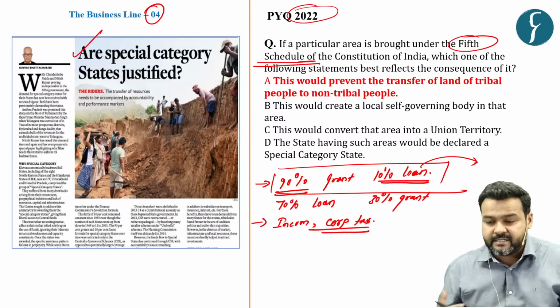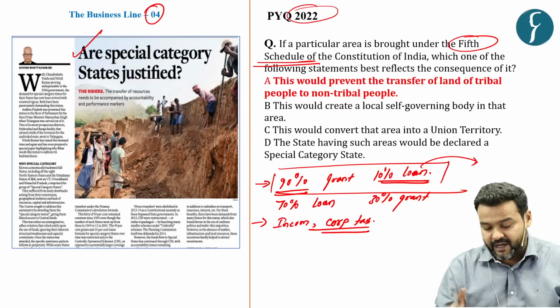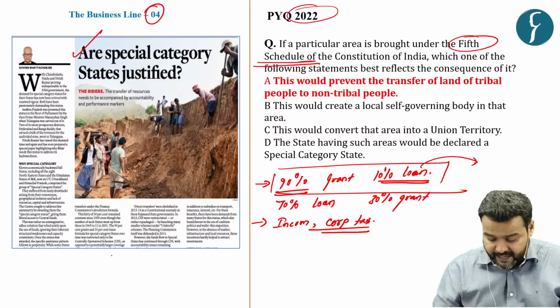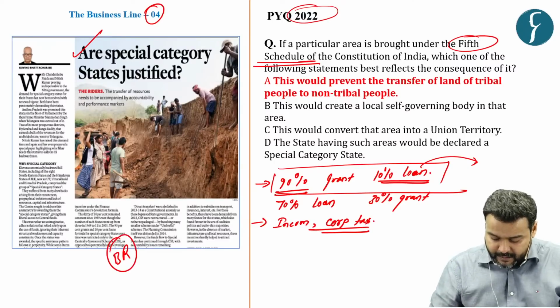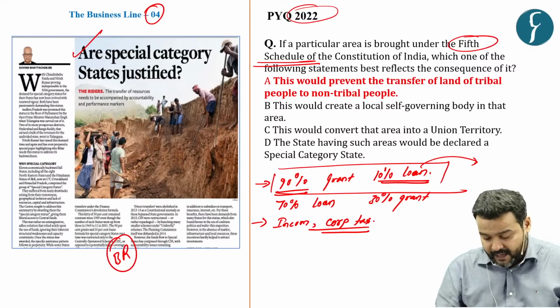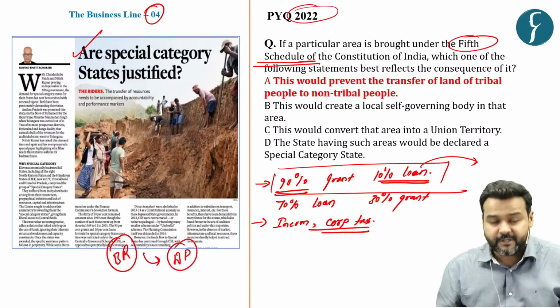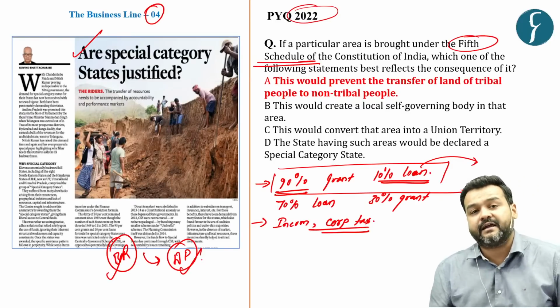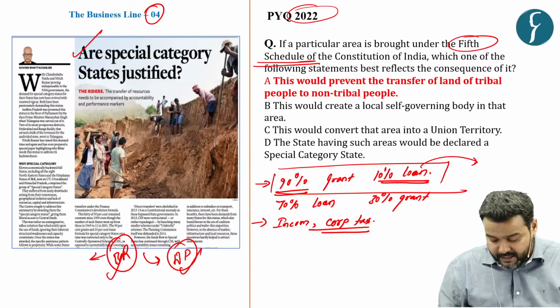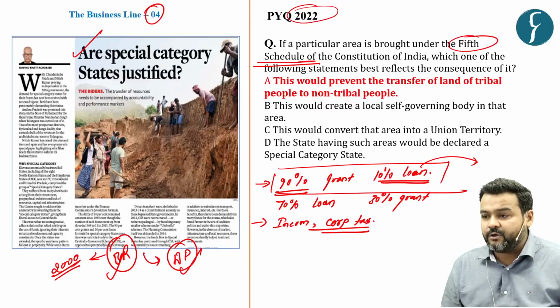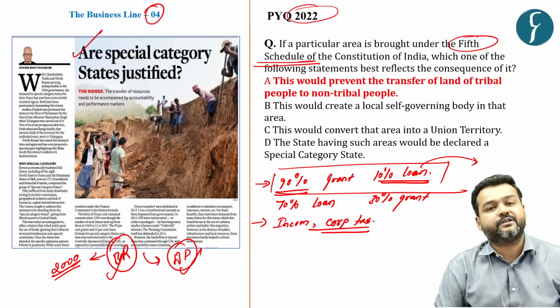Now, due to these benefits, the states recently, why this is in news, is because the constituents of NDA are Janata Dal United from Bihar and Telugu Desam Party from Andhra Pradesh. And both these states are demanding special category status because in the year 2000, when mineral rich Jharkhand was separated from Bihar, they lost the majority of their revenue resources.